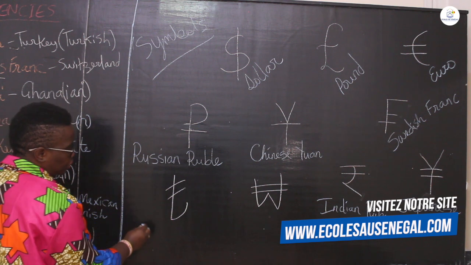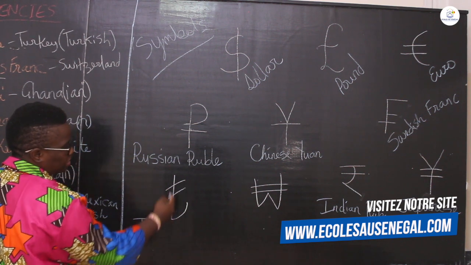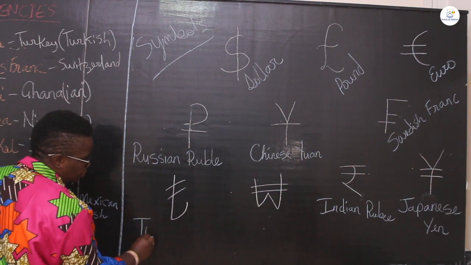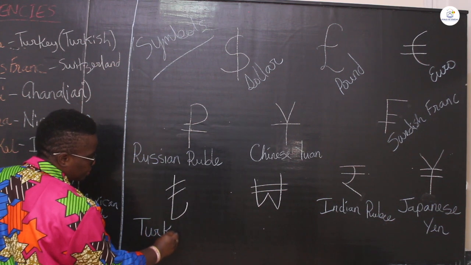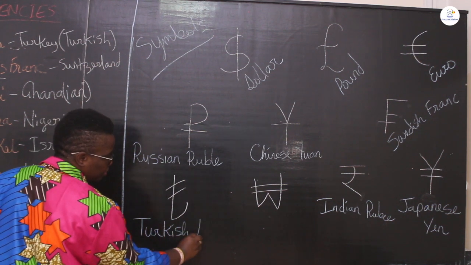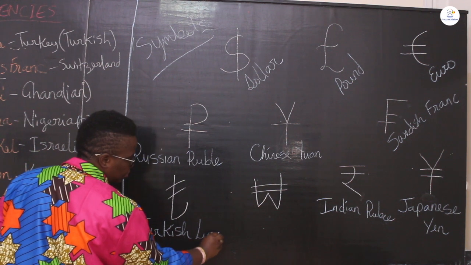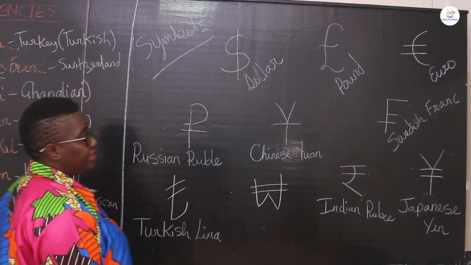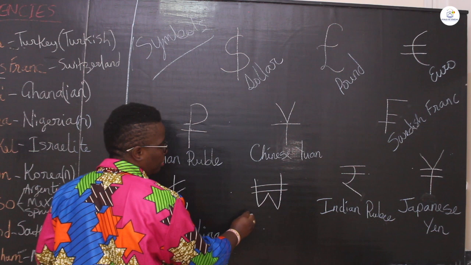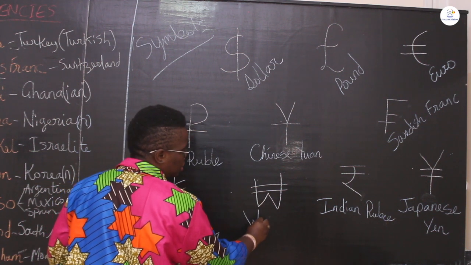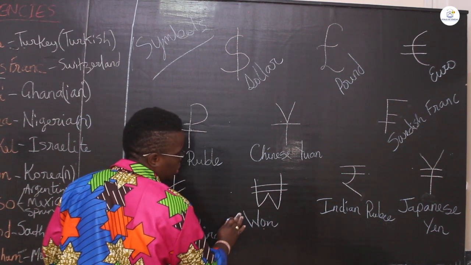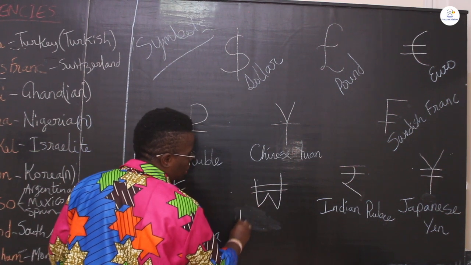Then this one is the Turkish lira. See, small t. So that stands for Turkish. Turkish lira. And then this is the won. Remember? Won. Which is the Korean won.